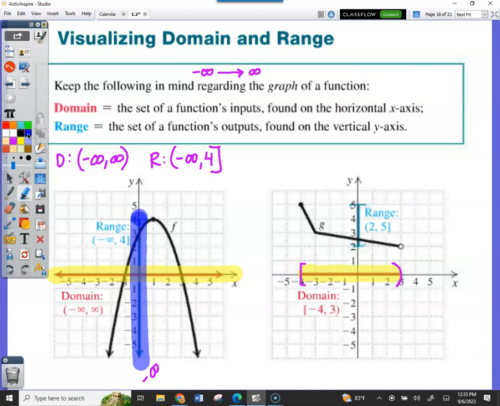Now turn your head sideways and imagine it like an accordion collapsing to the y-axis, and it would cover from 2 up to 5 with an open circle on the 2. So the domain is -4 bracket to 3 parentheses. And the range, now least to greatest, is 2 to 5.